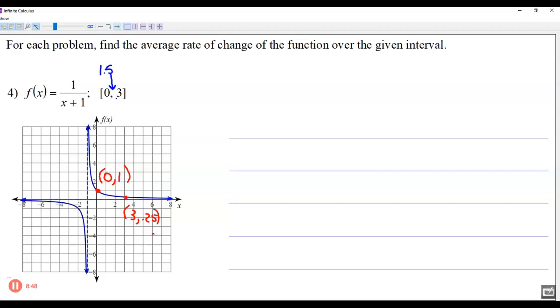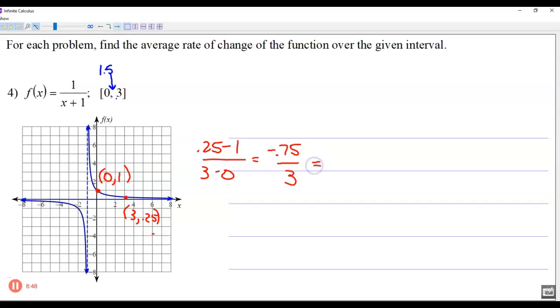So if I do my slope formula, 0.25 minus 1 over 3 minus 0. So like negative 0.75 over 3. So that's 1/4, yeah.